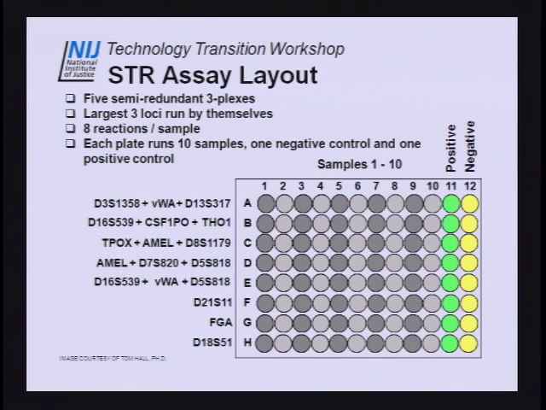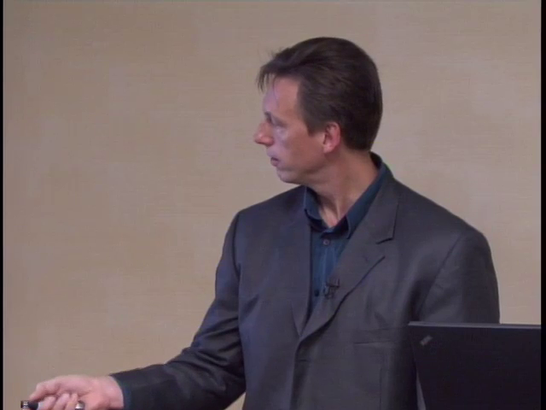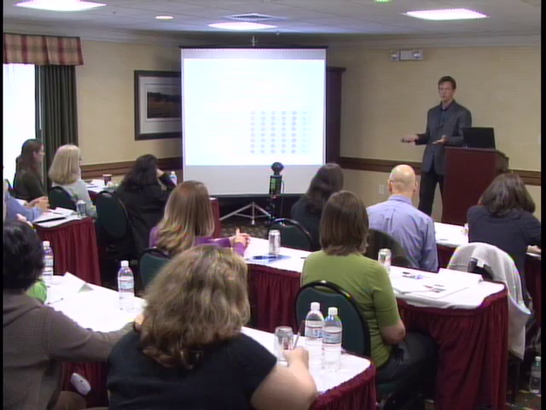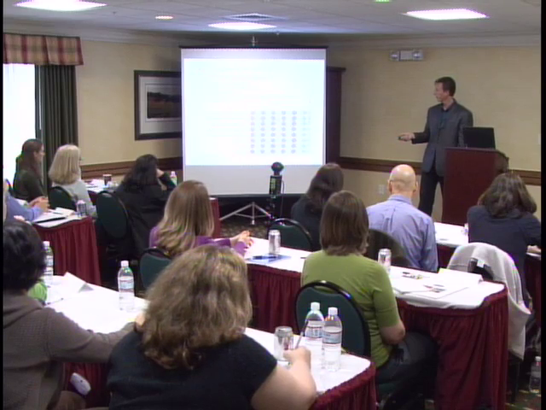Our layout for the assay is essentially the same as our mitochondrial assay. We have 8 reactions, so it fits in a column of a plate. Each of 5 reactions has 3 primer pairs in it, 3 different loci together. It's minimal multiplexing compared to, say, the PowerPlex 16, we don't do them all in one reaction.